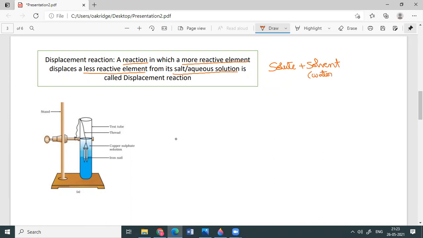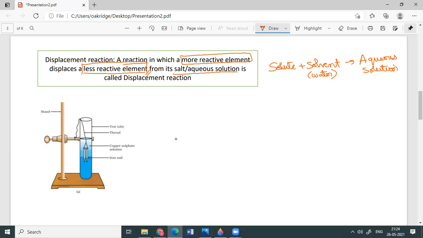That's how we call it an aqueous solution. So the displacement takes place where a more reactive element is displacing a less reactive element from the salt solution. Most of you write the definition only till here and forget from the salt solution. So please never make that mistake. I would like you all to write the entire thing till the salt solution or the aqueous solution.